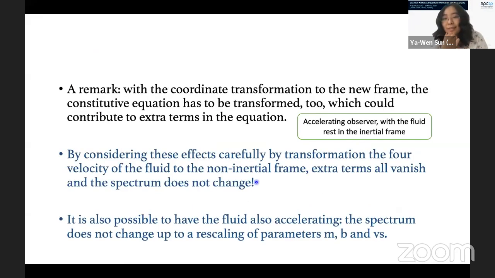So this is another testable feature for accelerating observers, in addition to the Unruh effect.